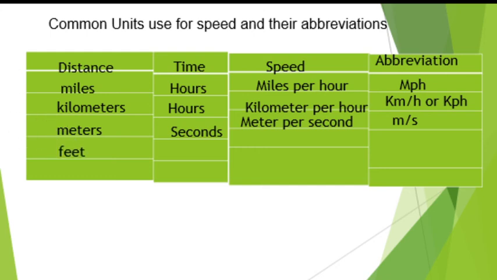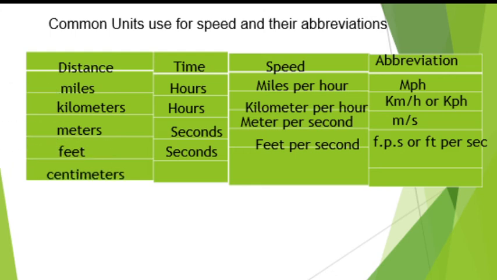And if the distance is in feet, the time must be in seconds, so that is feet per second or fps. And if it is centimeters, the time is in seconds, and of course the speed is in centimeters per second, or cm/sec or cm/s.